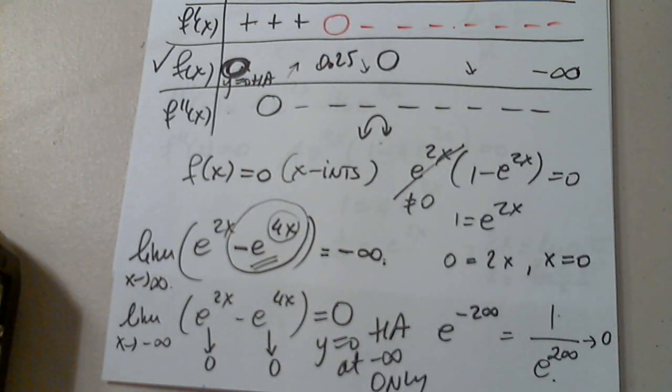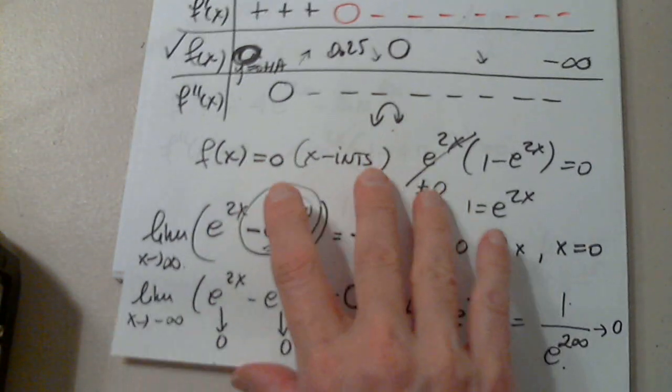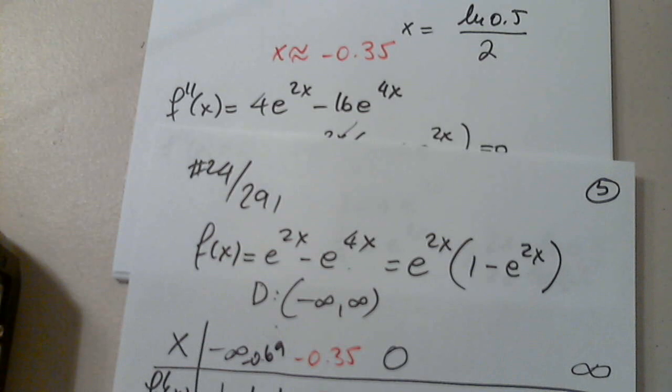I'm going to share my screen and also add the second derivative in here, and that was 4e to 2x minus 16e to 4x. So this is the third function, and I want to see what happens at negative 10.